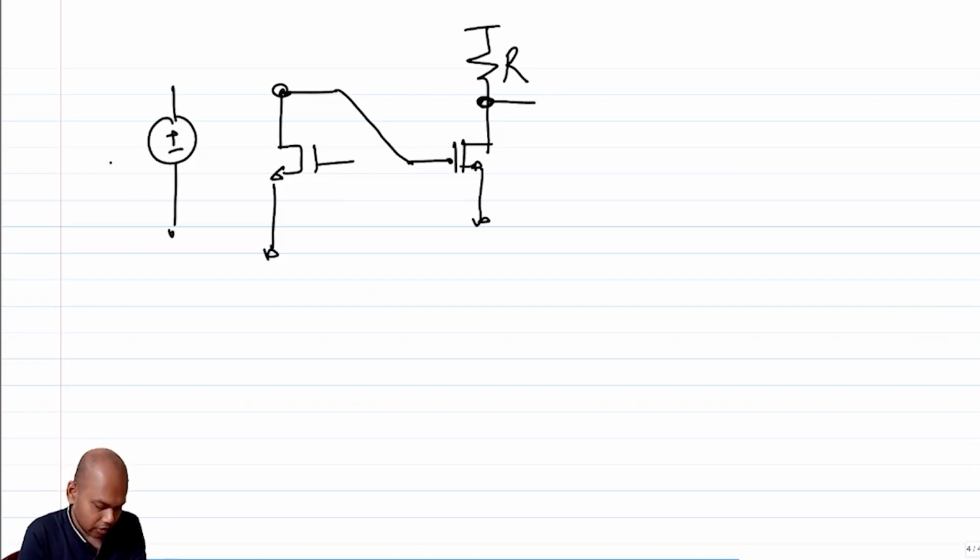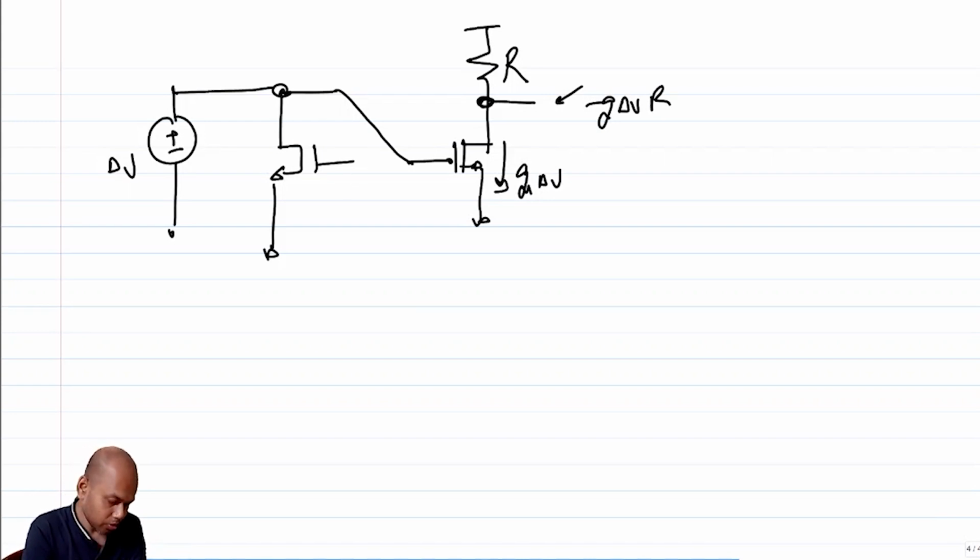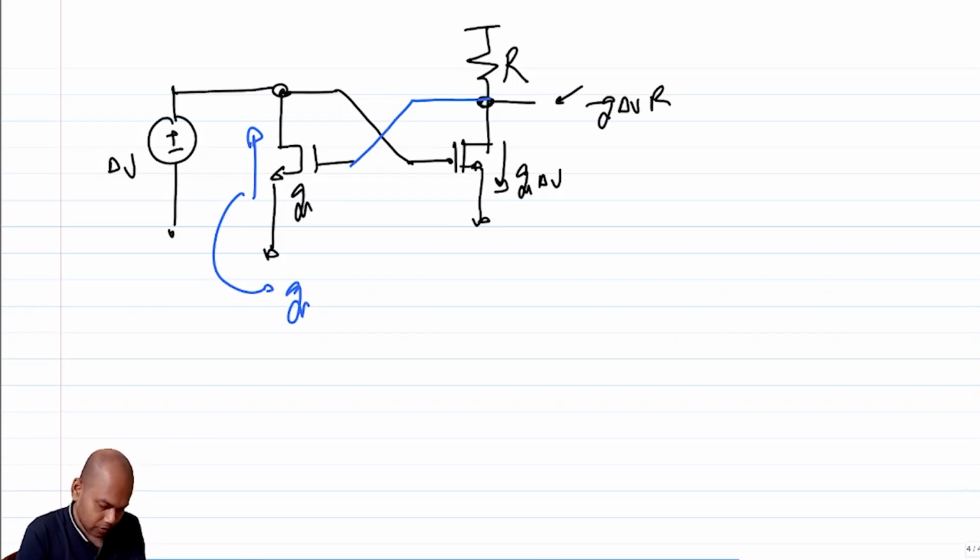So I have a delta V here, or a V test. You can think of it like a delta V or a V test. If this current will be Gm times delta V, so this voltage is minus Gm times delta V times R. So all I need to do is to connect this to this, right? So the current that flows up in this case is, this is also Gm, right?